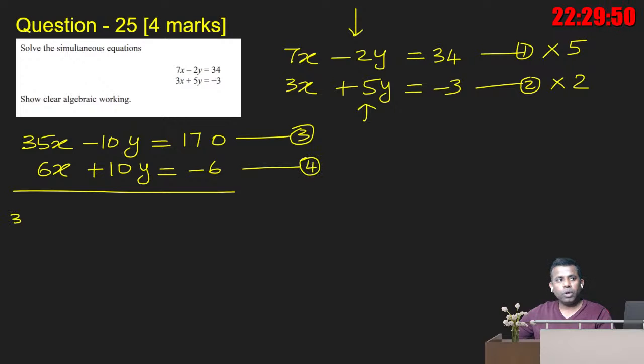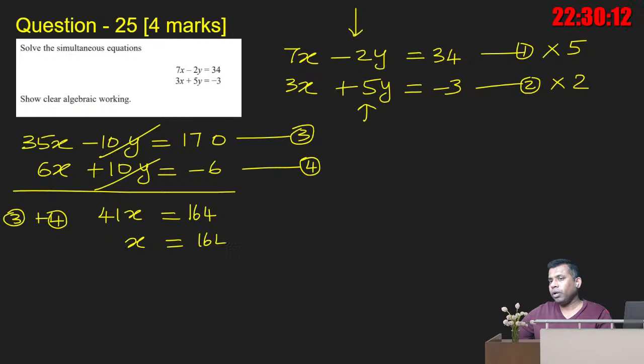Now we can add the third equation together with the fourth equation. These two cancel out because minus 10y plus 10y cancels out. 35 plus 6 is 41x equals 170 minus 6, which is 164, and x equals 164 divided by 41, and this is 4.